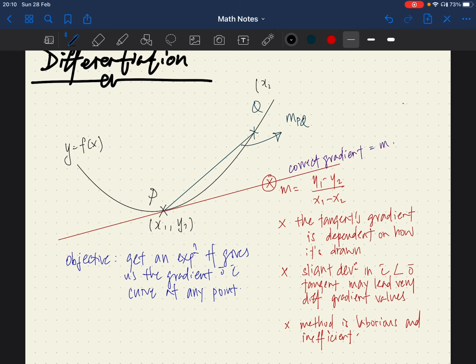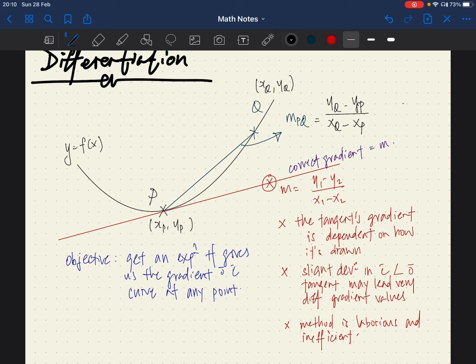Let's not use 1 and 2, let's use P and Q. So we have xp, yp, and xq, yq, to represent the 2 points. So the gradient will be yq minus yp over xq minus xp.